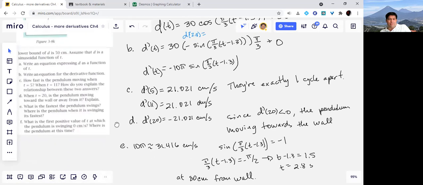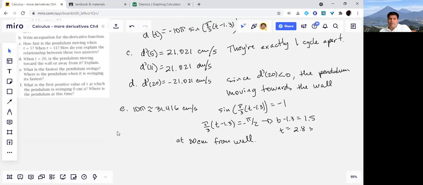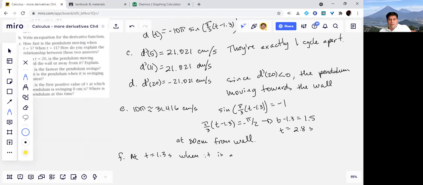Oh, it's at the maximum distance from the wall. So let's just write that down. T equals 1.3 seconds, and it is at 110 centimeters, which is the maximum from the wall. And that's it for this problem.